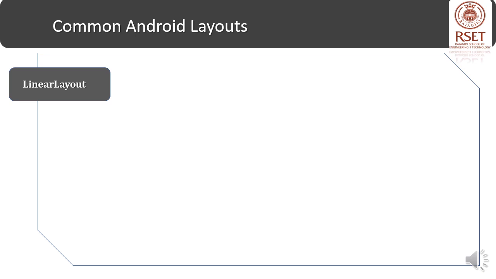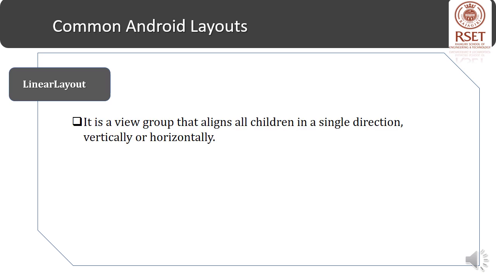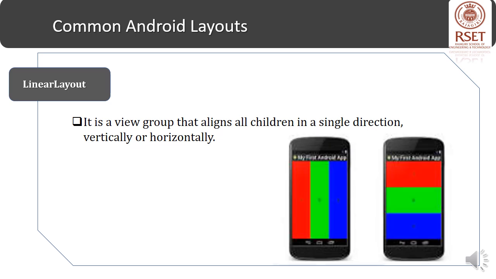Linear layout is a layout in view group which aligns all children either vertically or horizontally, which means that you can align your views in a single row or in a single column. This picture shows how it can be arranged.